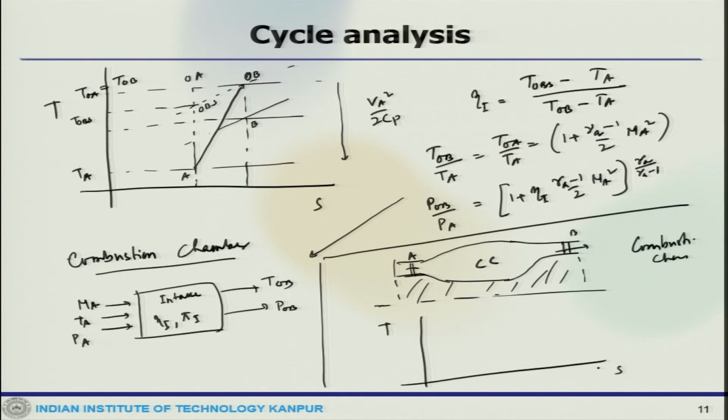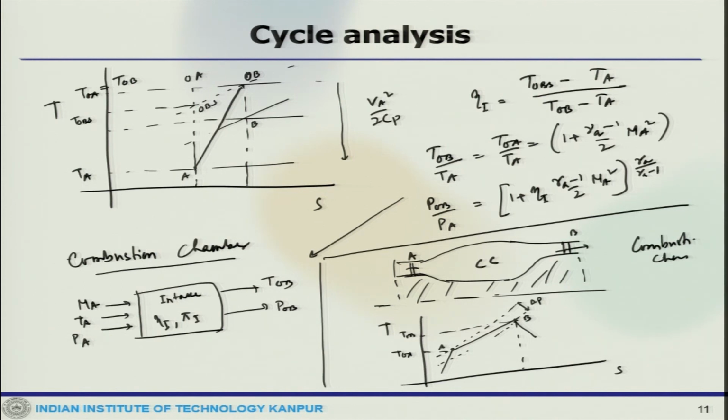The TS diagram would show like this: A to B, that is the delta P, this is T naught A, and this is T naught B. So, there are 2 points where it happens. Again, we can use the first law of thermodynamics and continuity equation.